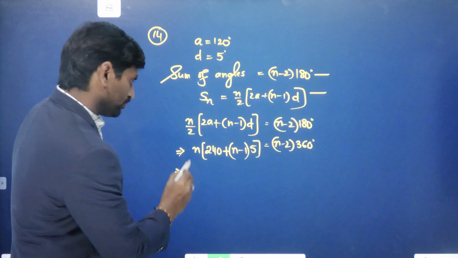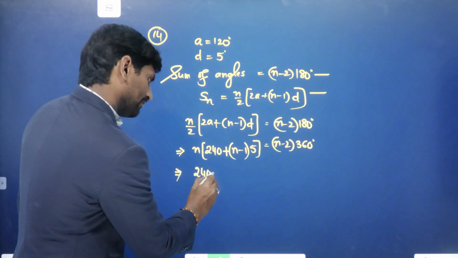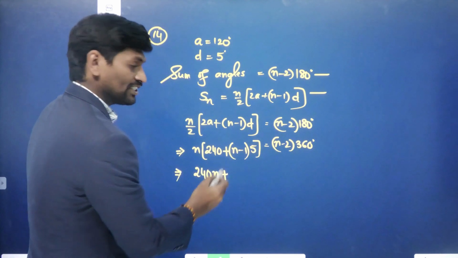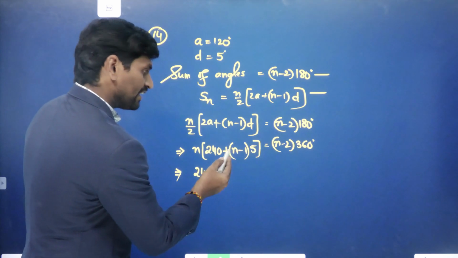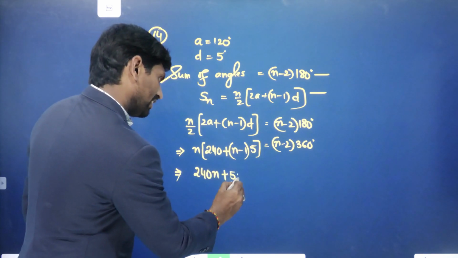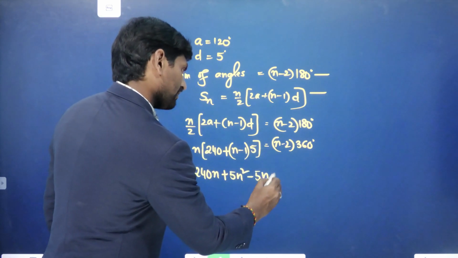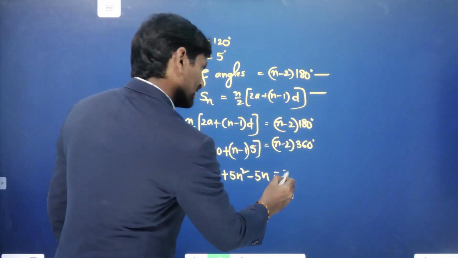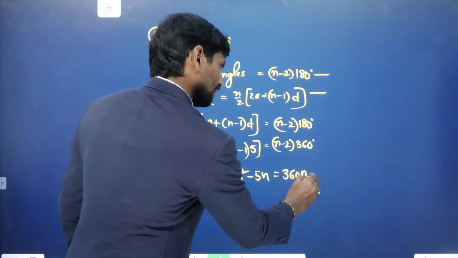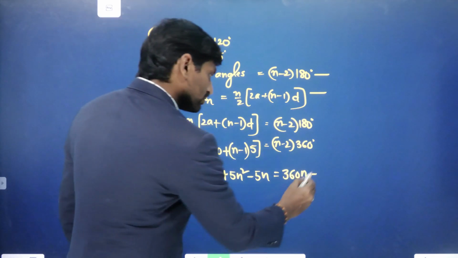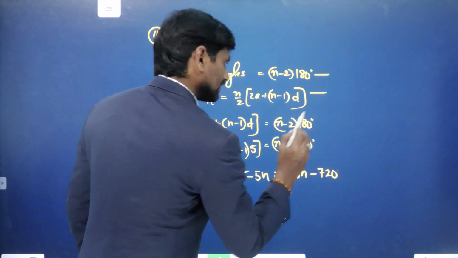So 240 into n, 240n, plus this one you multiply here, 5n into n, 5n square, and 5 into n, so minus 5n, is equal to 360n minus 2 into 360, which is 720 degrees.